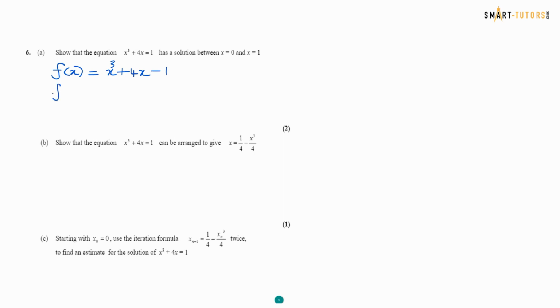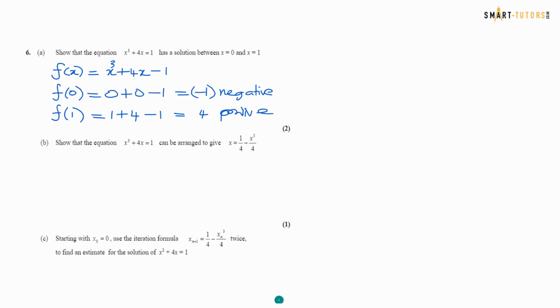Substitute 0: f(0) is 0 plus 0 minus 1, so minus 1. You only need to find the sign, negative. And f(1) is 1 plus 4 times 1, which is 4, minus 1. 4 plus 1 is 5, take away 1 is 4. So that is positive.